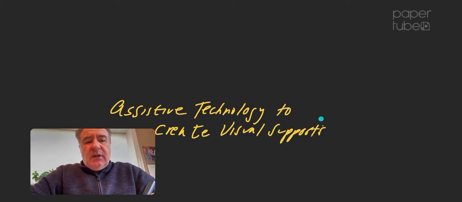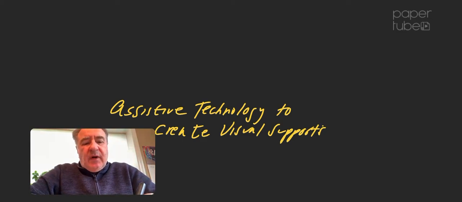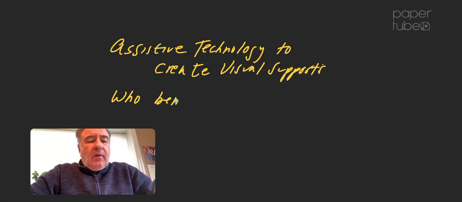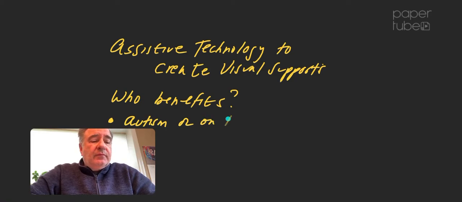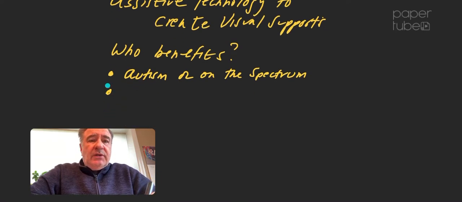So, the first thing we'd like to talk about is who benefits from visual supports. So certainly students who are on the spectrum, so students with autism or individuals that are on the spectrum. Students who may have cognitive disabilities.